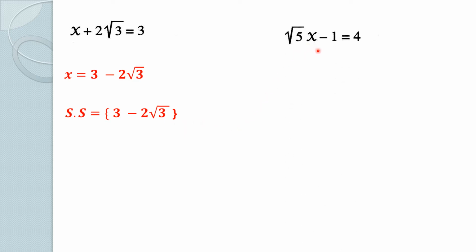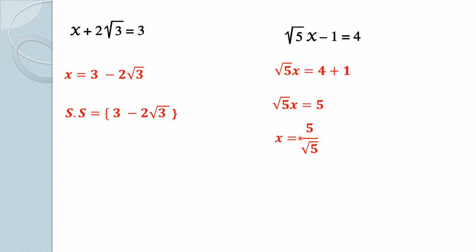Root 5 x minus 1 equals 4. Adding 1 to both sides, so root 5 x equals 4 plus 1. Therefore, root 5 x equals 5. To remove root 5, divide both sides by root 5. Therefore, x equals 5 over root 5.